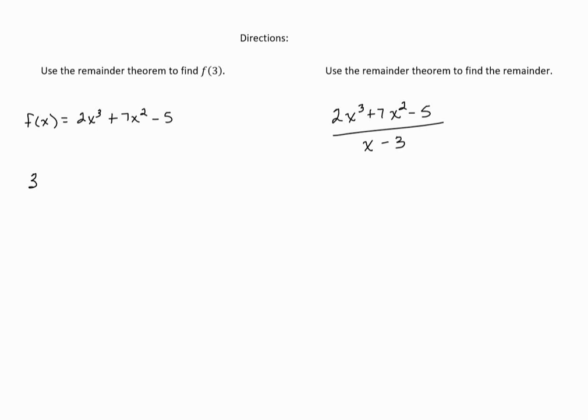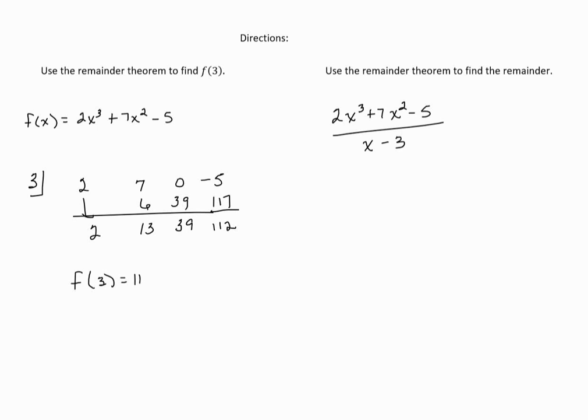So I can put 3 in this box, and I have 2, 7, 0, negative 5 for my coefficients. Bring down this 2, 6, 13, 39. 39 times 3 is 117, and that's going to give me 112 for my final answer. So this is saying f of 3 equals 112.